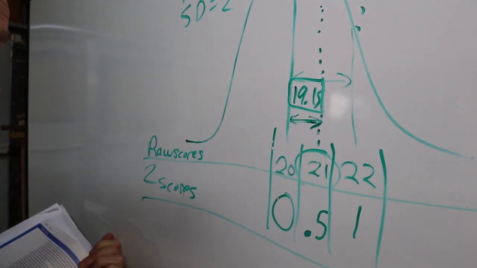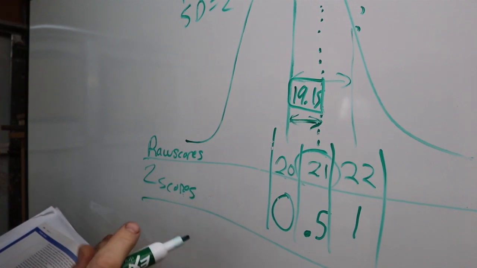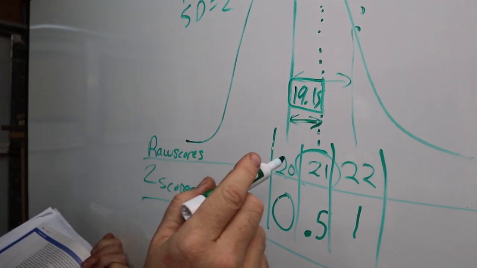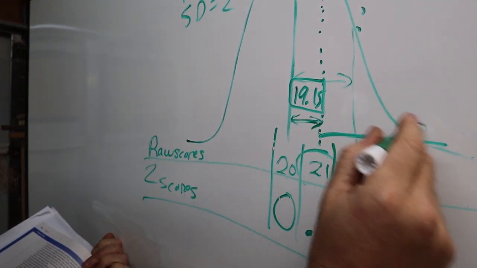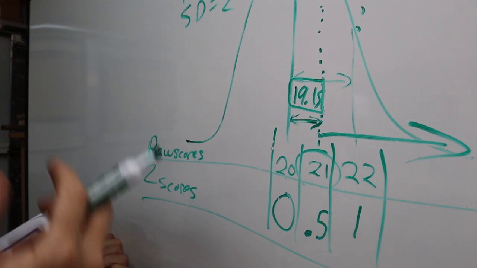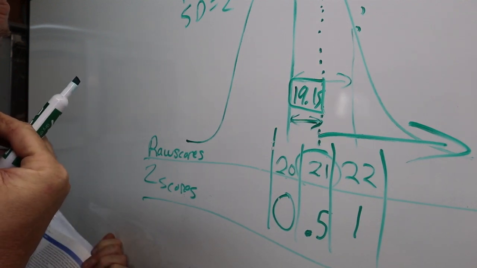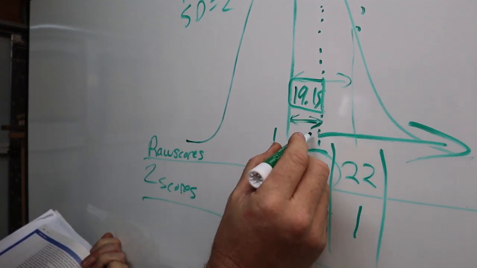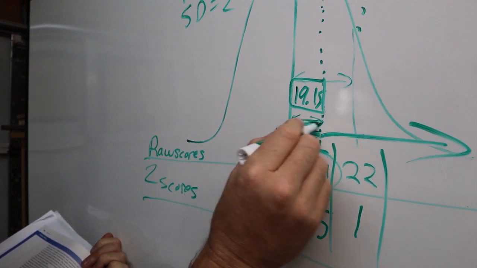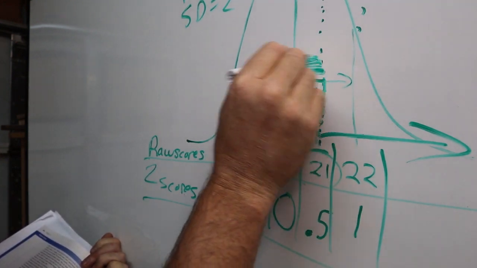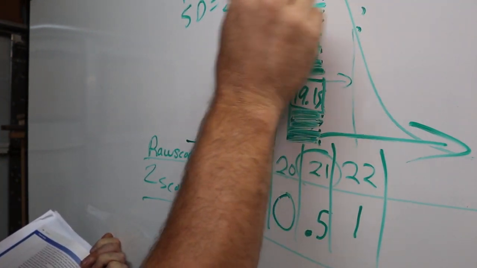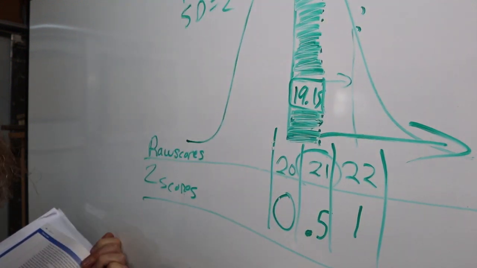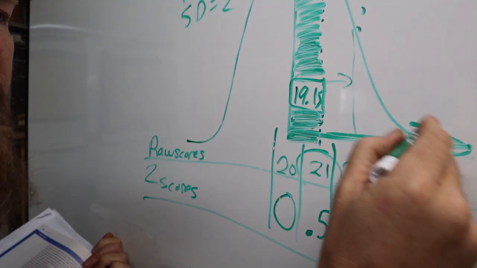So here's a question for you. What percentage of scores are above 21? For those of you who have been following along with this entire thing, it'll be easy for you to figure that out. If we know that this is 19.15%, what's beyond that?